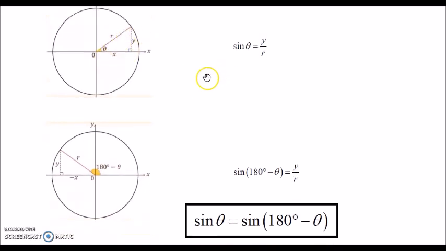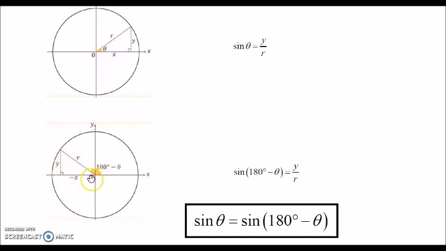Now if this theta is an acute angle, if I were to do a reflection against my y-axis, I would have my right-angled triangle over here. That makes this angle over here an obtuse angle, because this angle here would have been theta. So this angle over here would have been 180 degrees minus theta, which is my obtuse angle. If this side is x, upon the reflection against my y-axis, this length here would have been negative x.